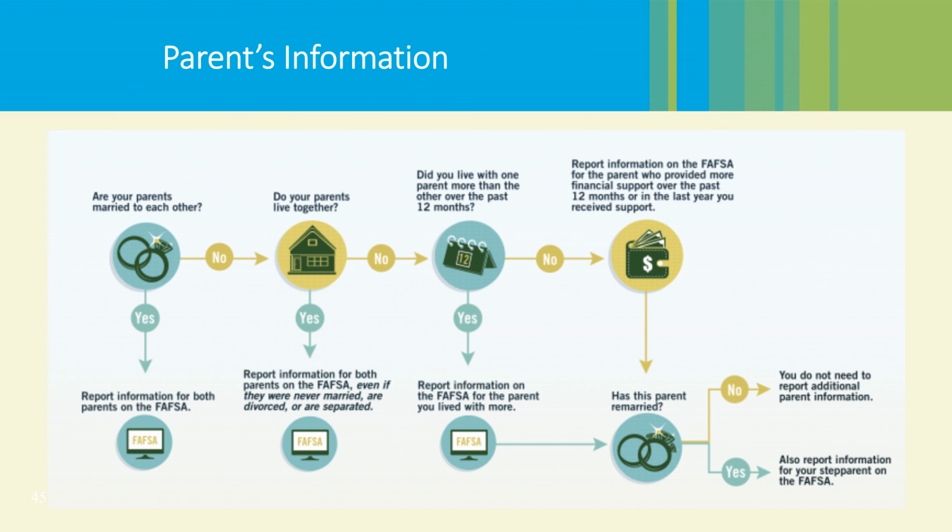Did you live with one parent more than the other? If your parents are not married and they don't live together, then you report the information on the FAFSA for the parent you lived with the more. If that parent has remarried, then you also need to report step-parent information.